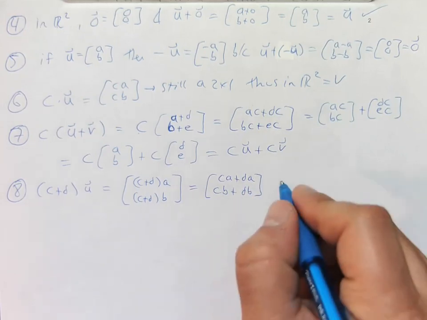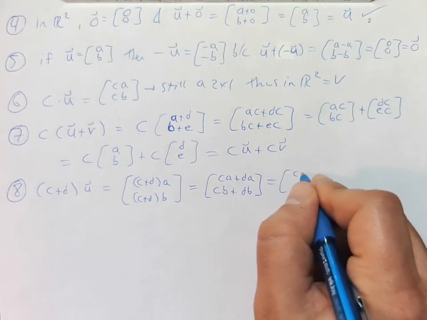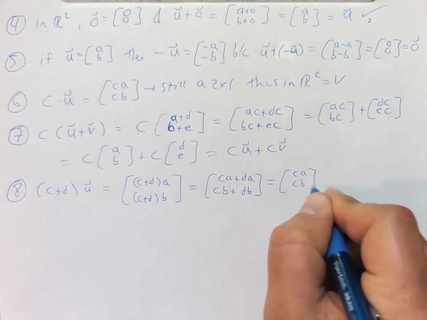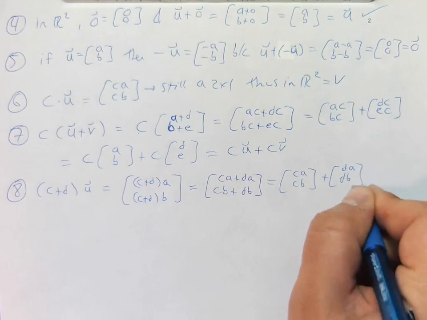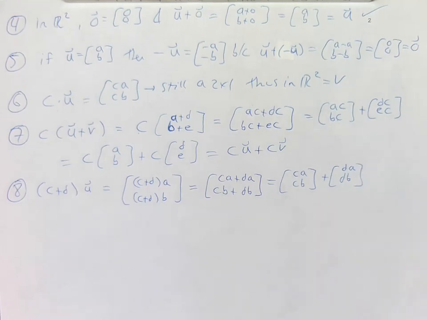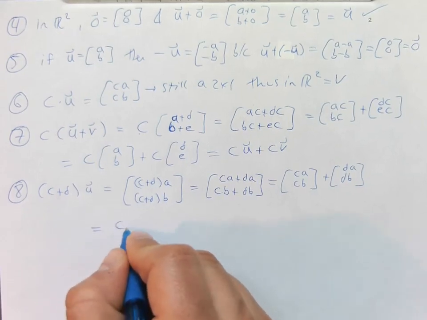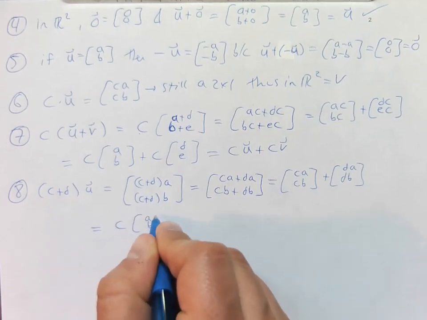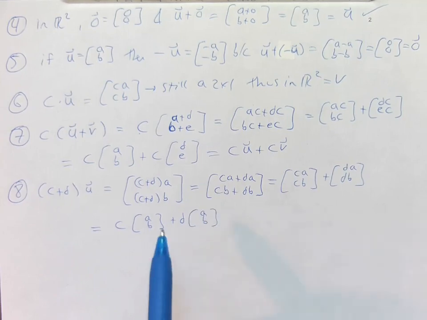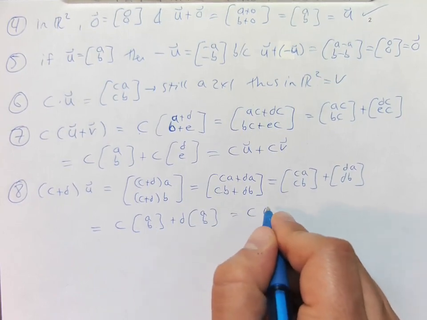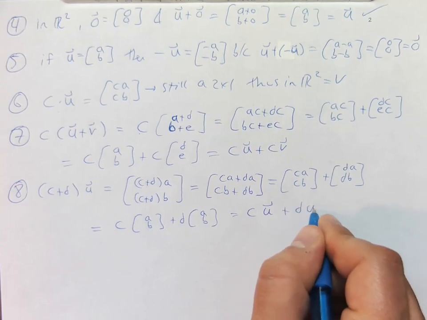And again, now we can split them up. And factor out the D and the C again, and then be able to show what we were hoping. So this is C times AB plus D times AB, and so that's C times U, D times U.